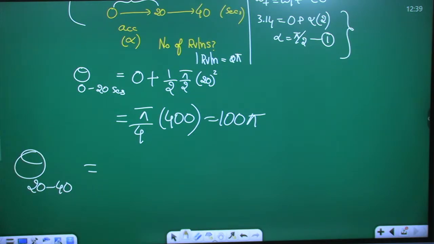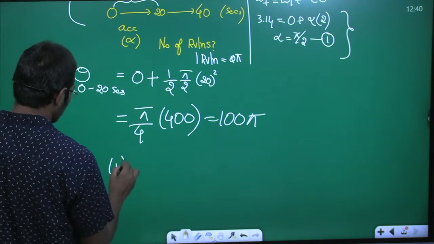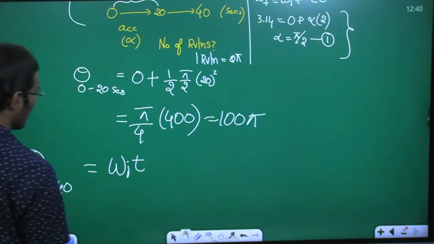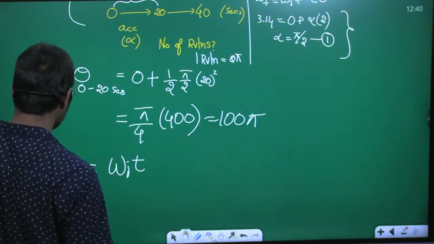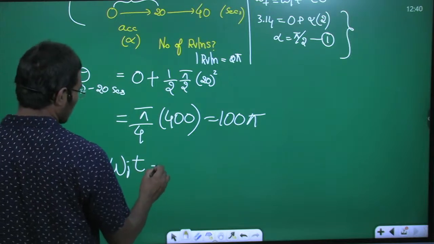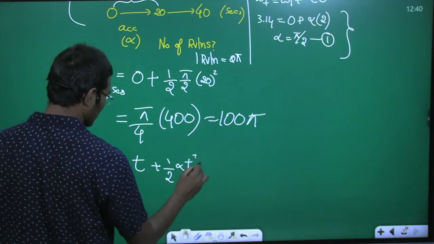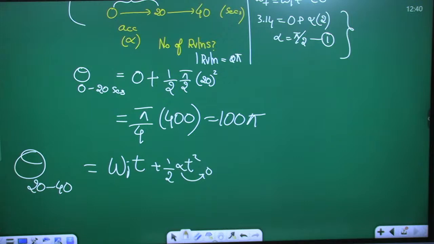As there is no acceleration, alpha is 0 here. Alpha is 0 because there is no acceleration. So how do you find the remaining theta for 20 to 40 seconds?